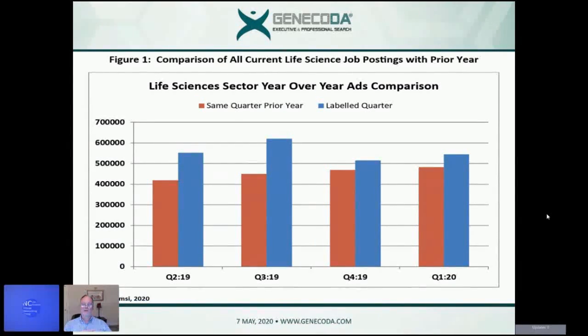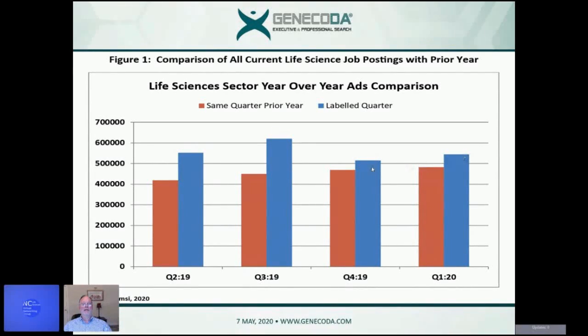We find that in Q1 of 2020, employers posted roughly 544,000 ads, up from about 515,000 ads in the fourth quarter of 2019.